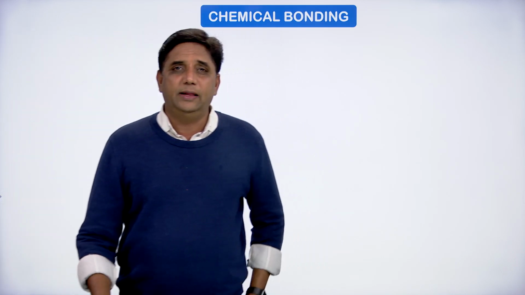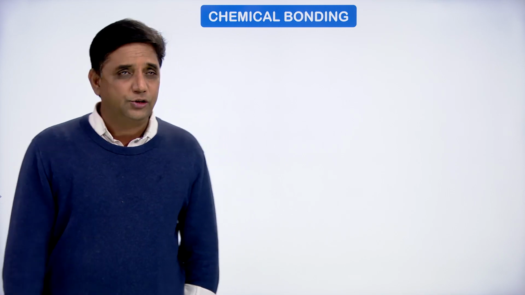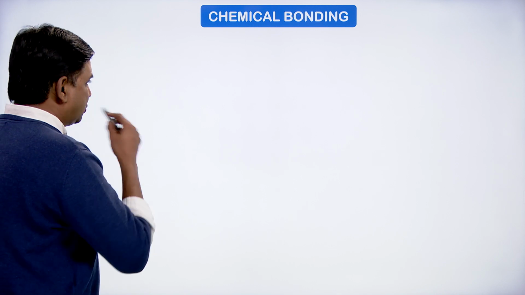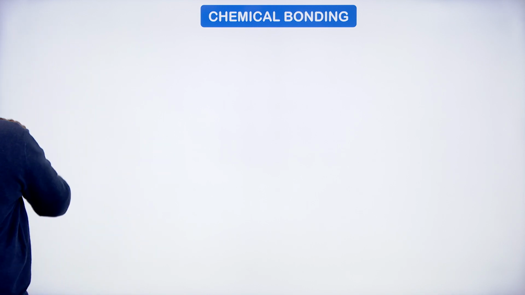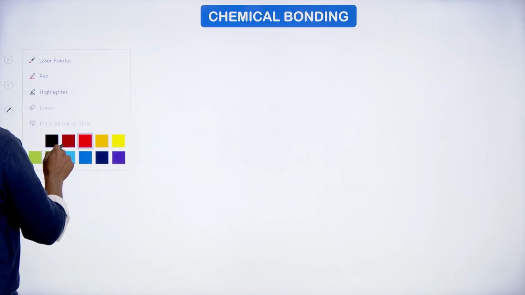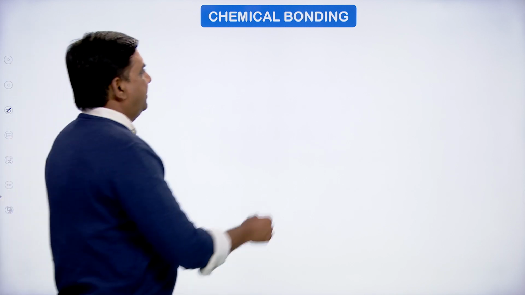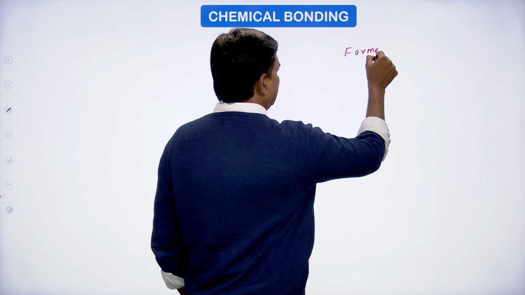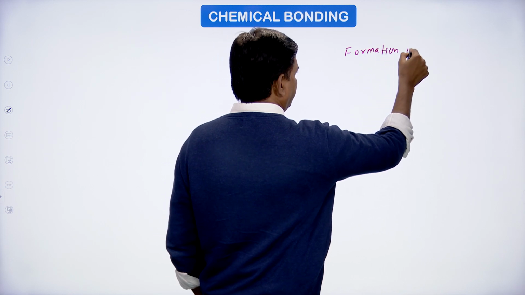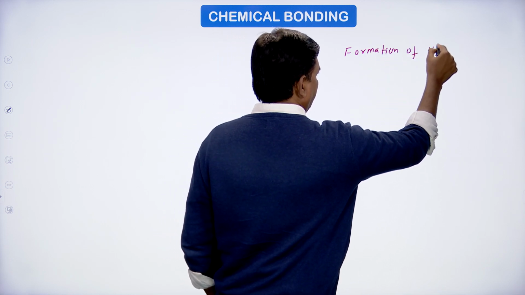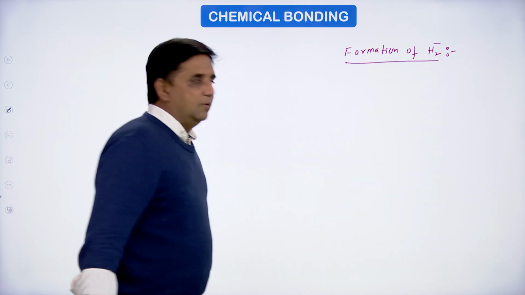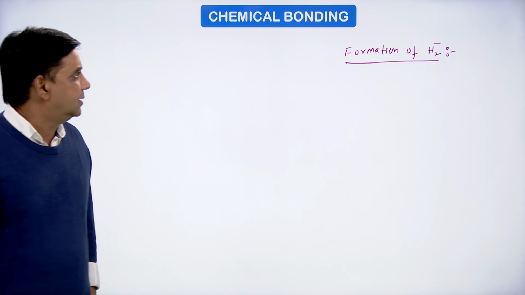As I told you in the last class, we have done H2 plus and H2. Now if you take H2 minus, this is the formation of the H2 minus ion.